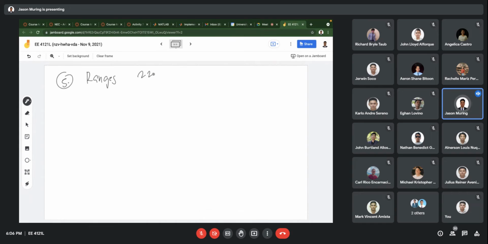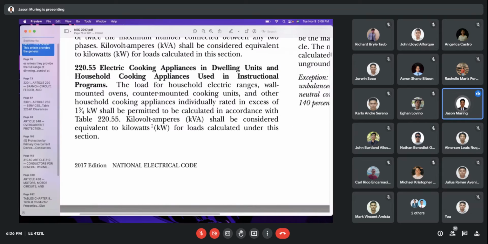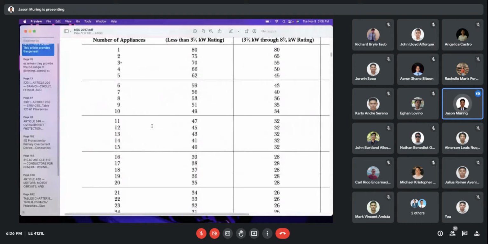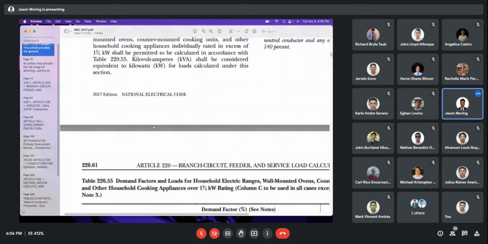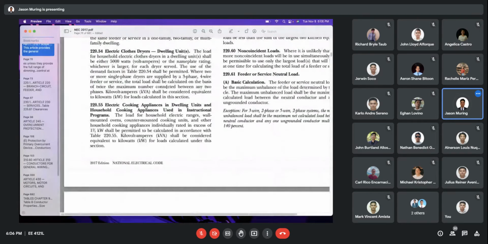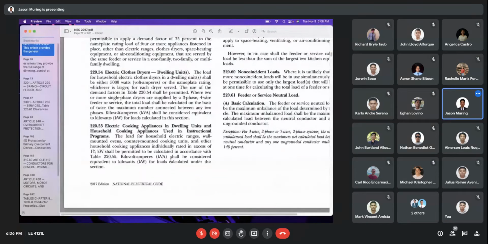We look at 220.55, and for the demand factors, we look at Table 220.55. Again, we have to look at this table here. I'm going to have some examples for this later.